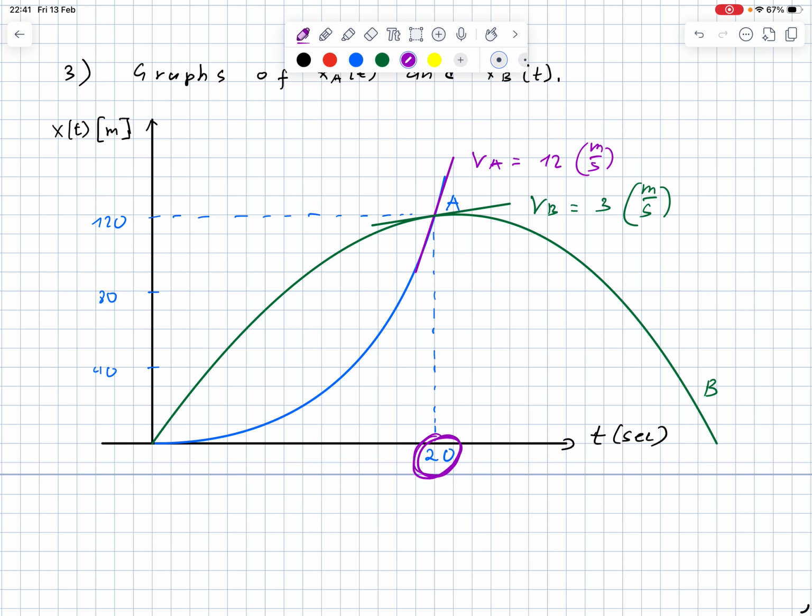As you can see, when we look at this coordinate, the position is the same, however, the velocity is not.